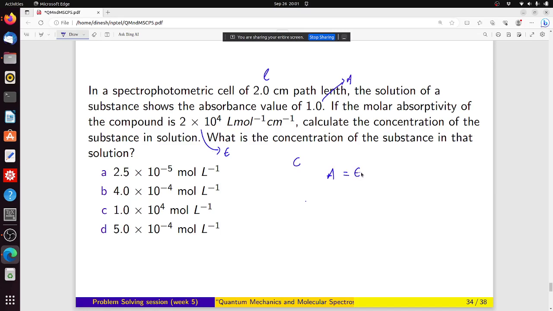A is epsilon C L, so C is A by epsilon L. A is 1, epsilon is 2 times 10 to the 4, length is 2 centimeter. So it's 1 over 4 times 10 to the 4, or 0.25 times 10 to the minus 4, or 2.5 times 10 to the minus 5. Okay, it's pretty straightforward. So this is the right answer.